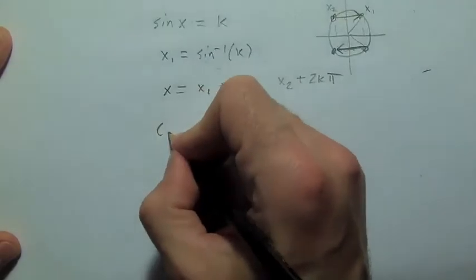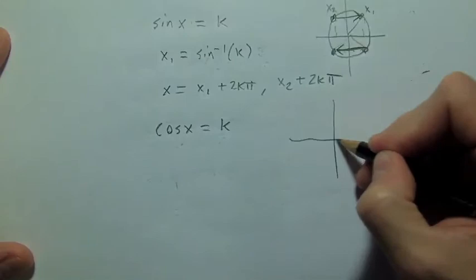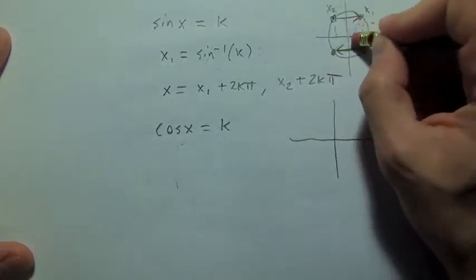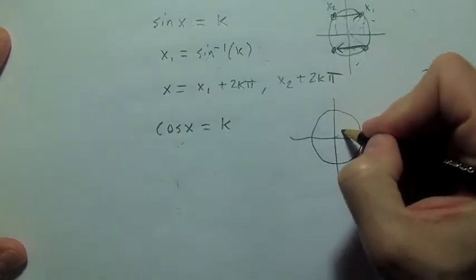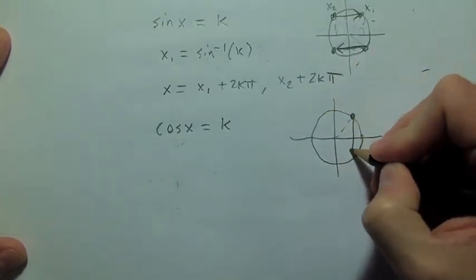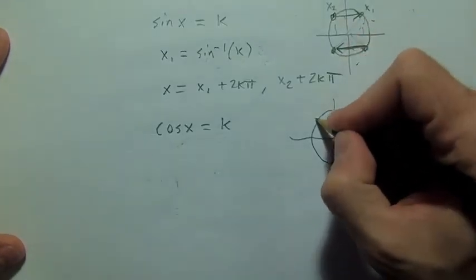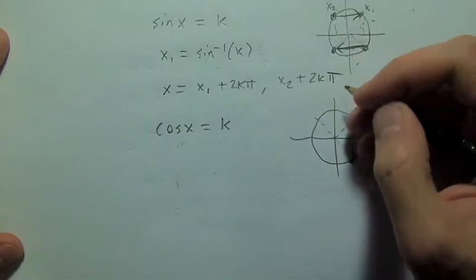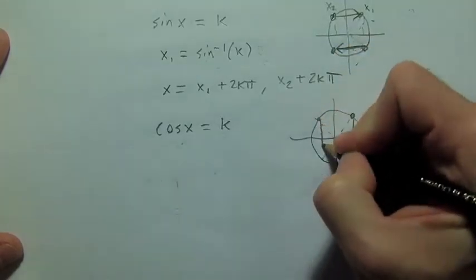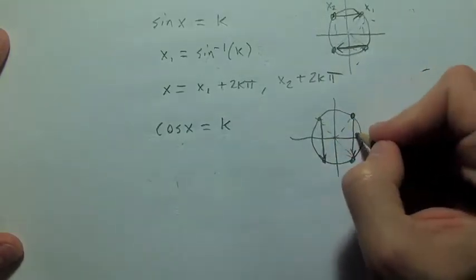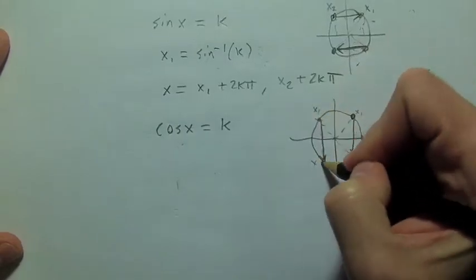For cosine equations, well, instead of mapping horizontally, you map vertically. So if you get an angle here, you map down to get the other one. And cosine inverse can actually give you angles over here as well, right? So you can map down vertically to get the second one as well. So you either have x1 up here, x2 down here, x1 up here, x2 down here.